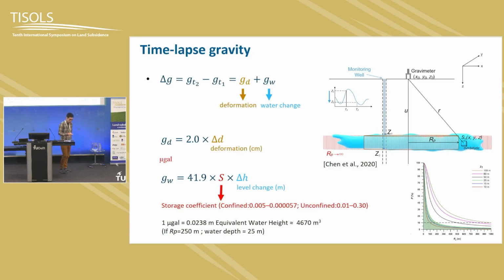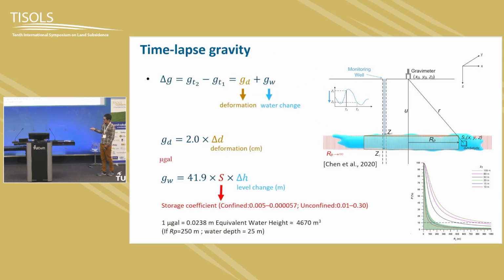Okay, so if you have a chance to look at the gravity data for the time-lapse gravity, usually after we remove the environmental corrections like the tides or something else, it remains in two components. So one is contributed from the deformation, and the other one is from water change.